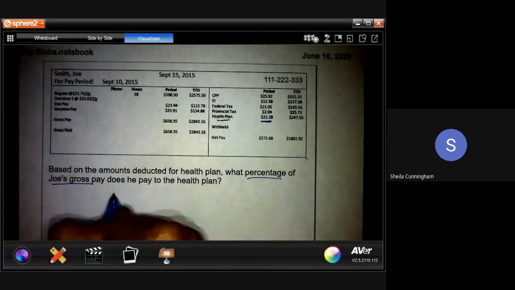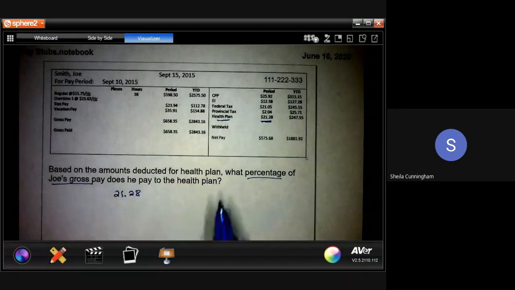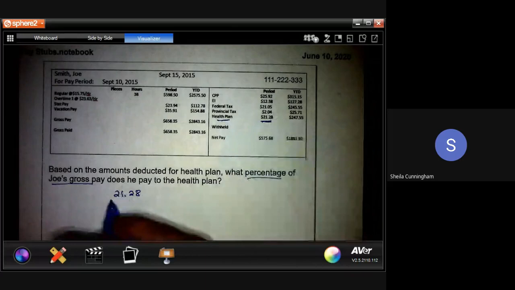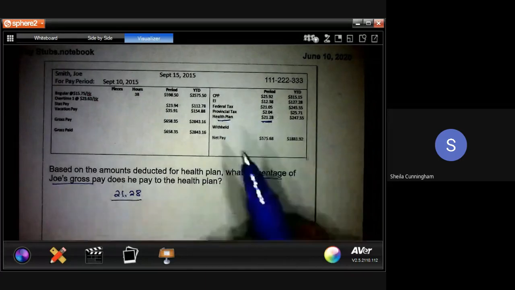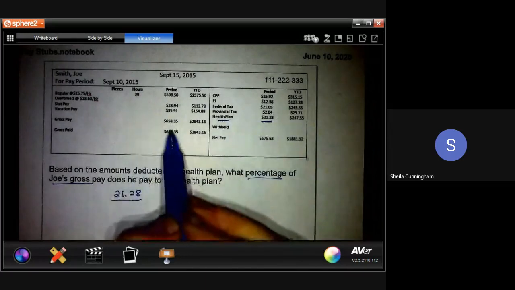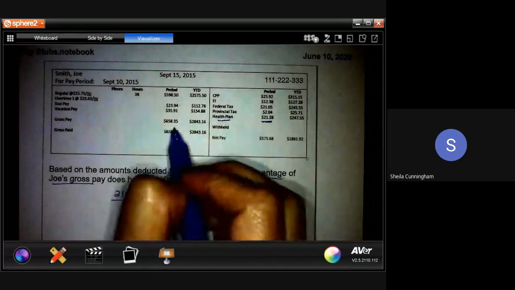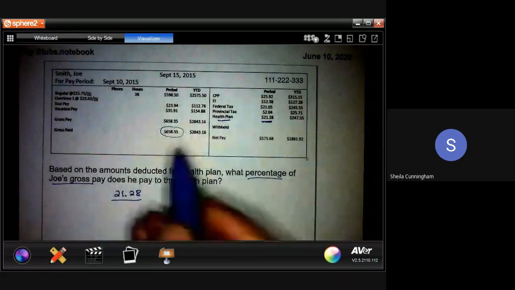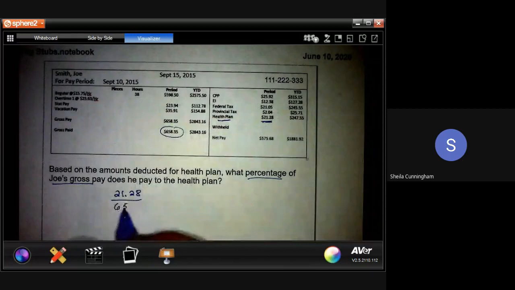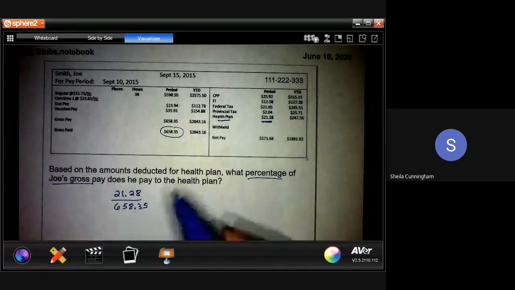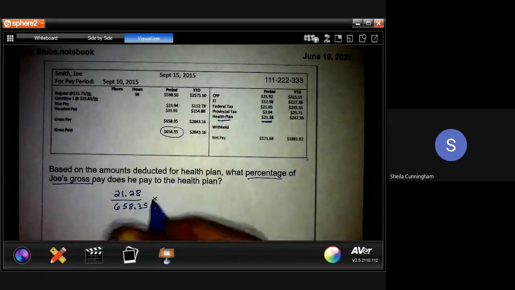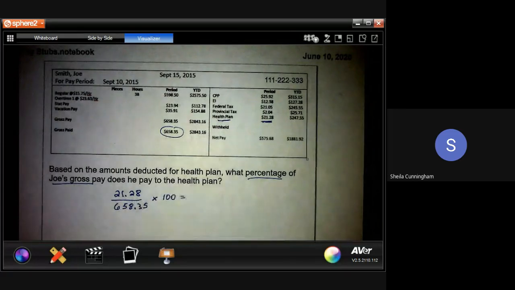So if we think about that, we're just taking the deduction of $21.28, that's the health plan deduction, over what was his gross pay? If we come back over here, his gross pay ends up being $658.35. So we take the $21.28 divided by his gross pay, and times it by 100, because we're talking percentage.